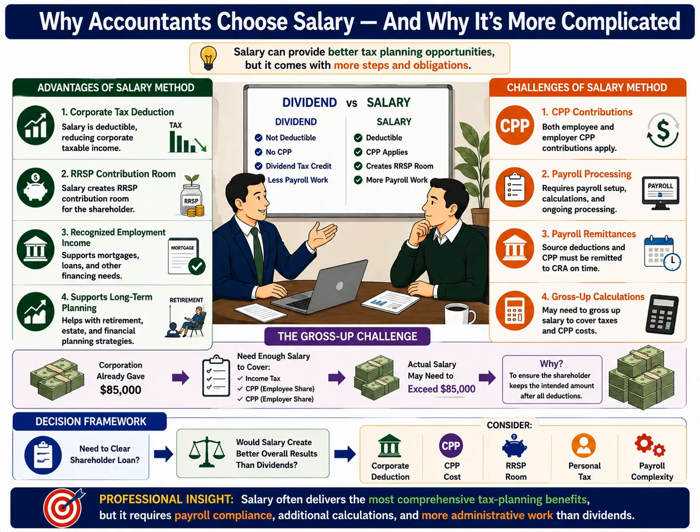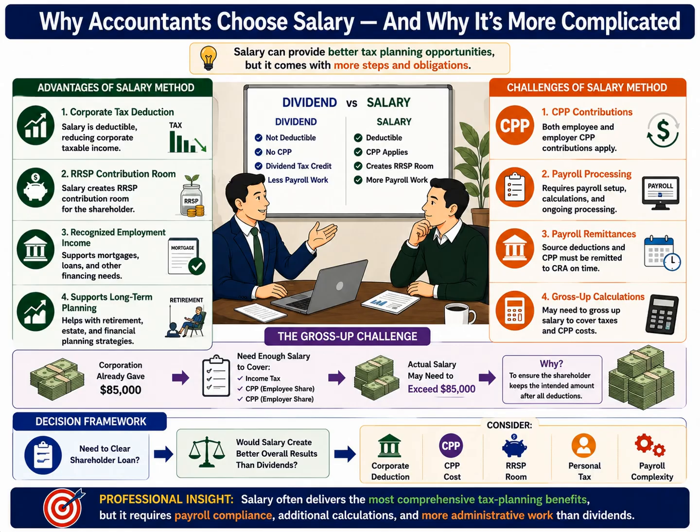When deciding between the two methods, accountants typically evaluate several factors, including the value of the corporate tax deduction, the cost of CPP contributions, the importance of RRSP room, the shareholder's personal tax situation, and the additional payroll administration required. The key takeaway is that salary often provides the most comprehensive tax planning benefits available to owner-managers.